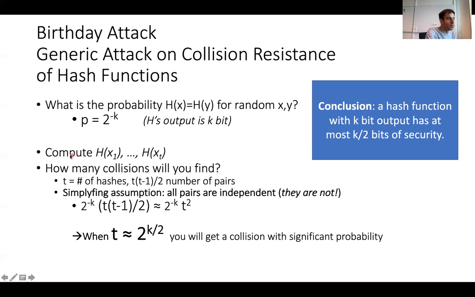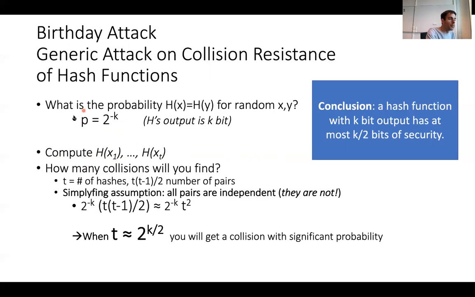An attacker can simply pick a number of random values x1 to xt and compute the hashes of all of these values. Then the attacker can look at this list and check whether there is any collision in it. So we just pick a number of random values, hash them, and check whether we found a collision. Let's see if we were lucky. So how many values do I need to hash before I expect to find a collision?